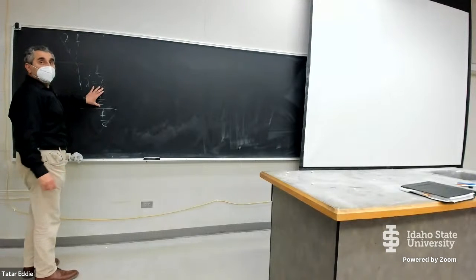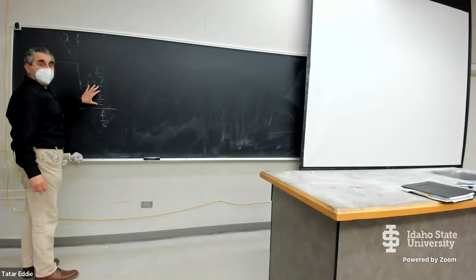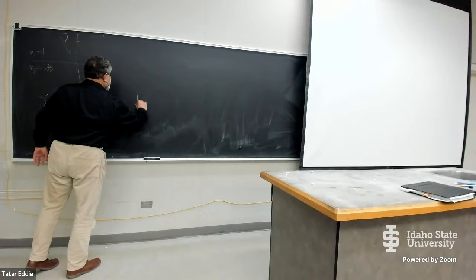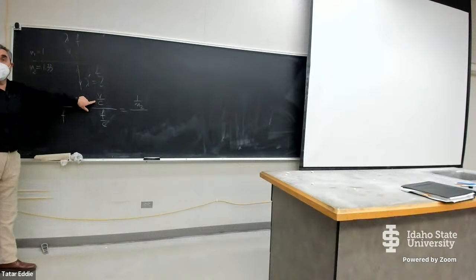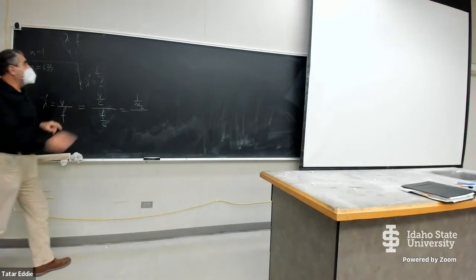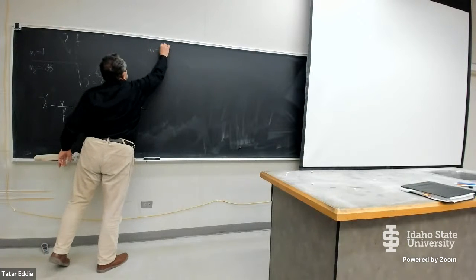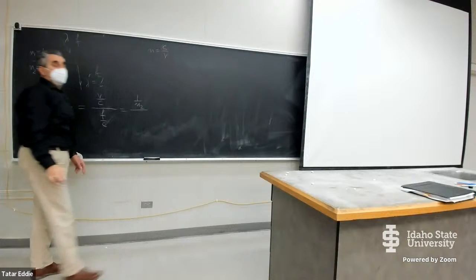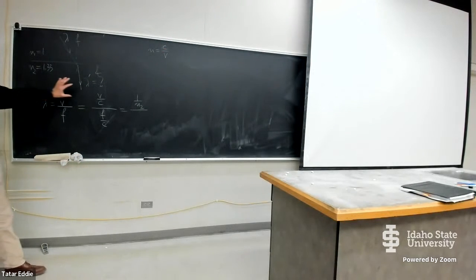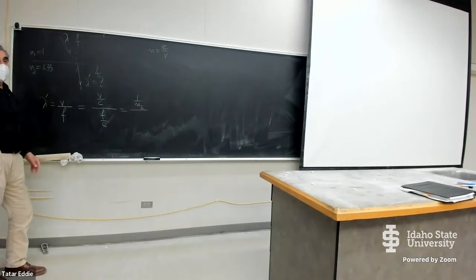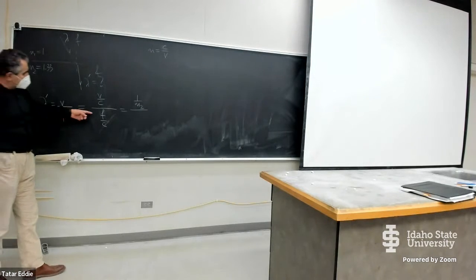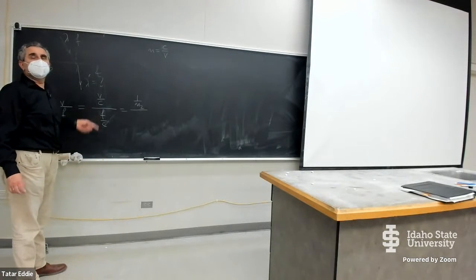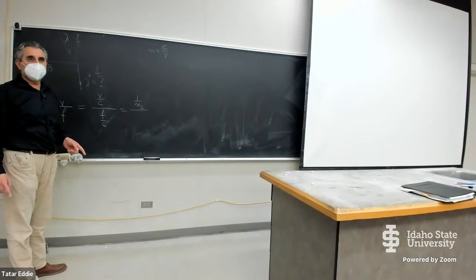Up here, what do you have up here? Up here is the inverse of the index of refraction of the second material. Remember, by definition, the index of refraction is the speed of light in vacuum divided by the speed of light in your material. So this is the inverse of the index of refraction. What we have here, well, you can say that the inverse of frequency is the period of oscillations.